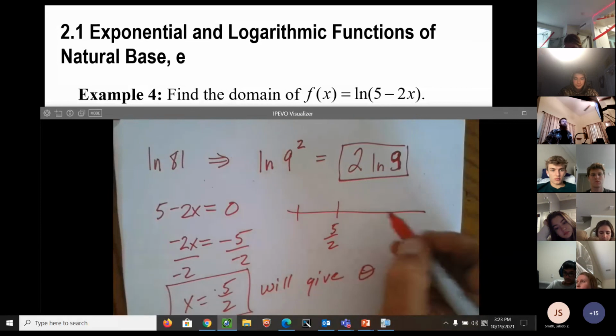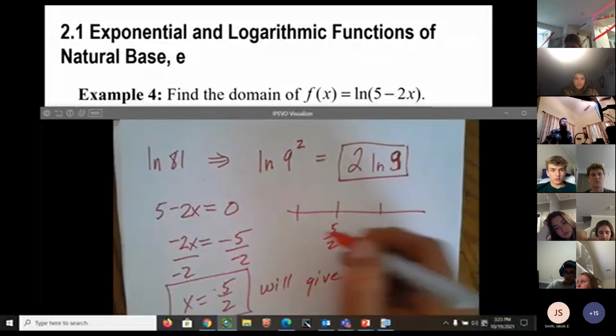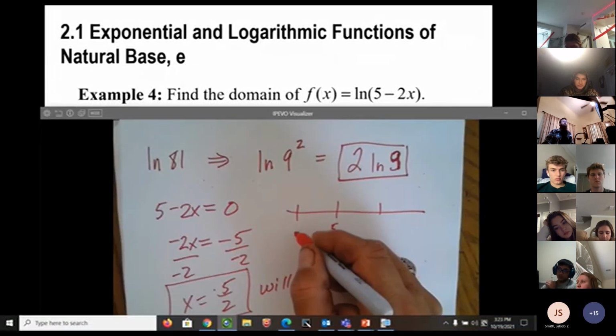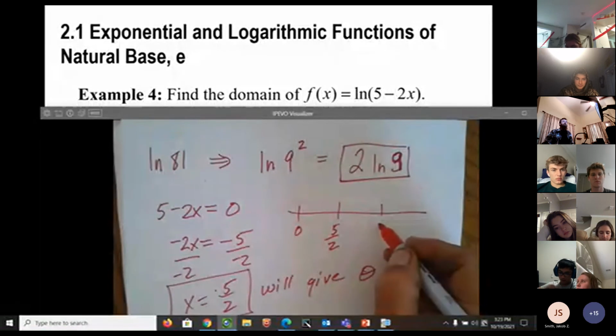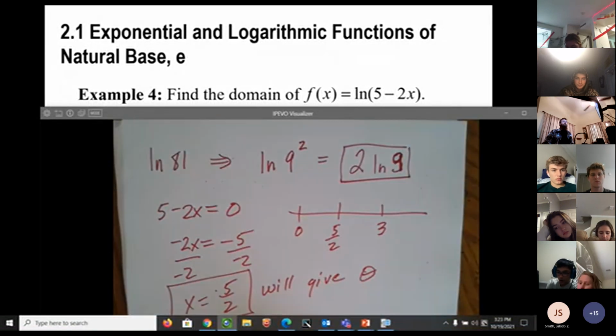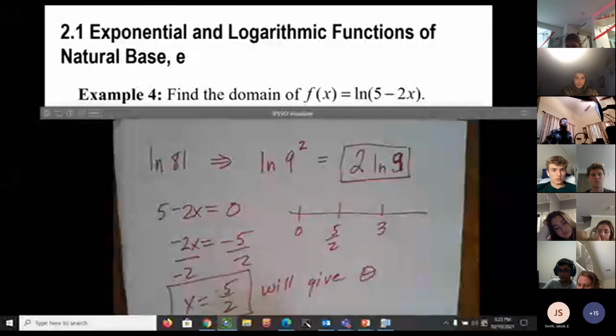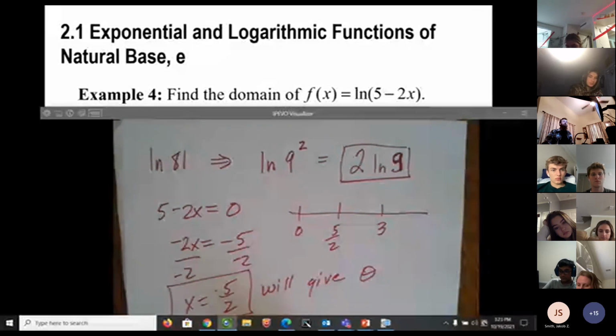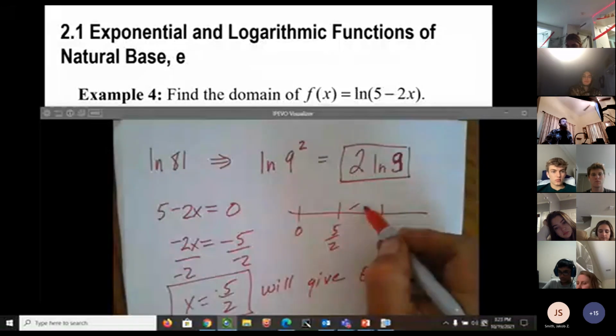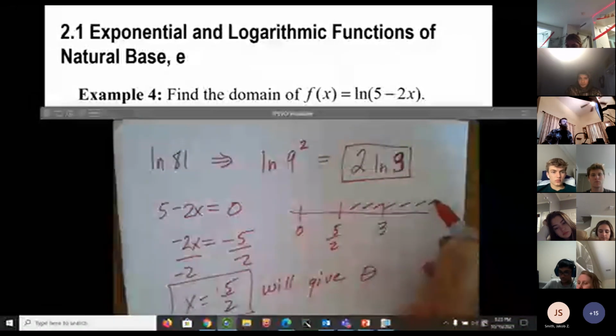So what's below 5 halves? Well, 0. And what's above 5 halves? 3. So let's see, 2.5, right? So let's plug in 3. What's 5 minus 6? It's a negative. So anything above this is going to give you what? Negatives. 0 is going to give you positives.